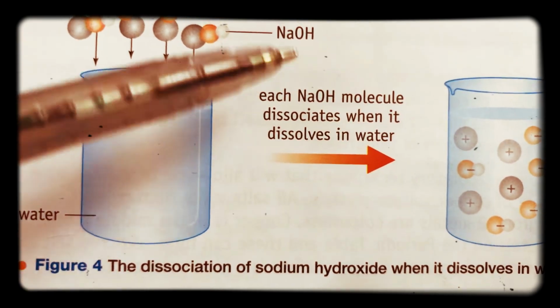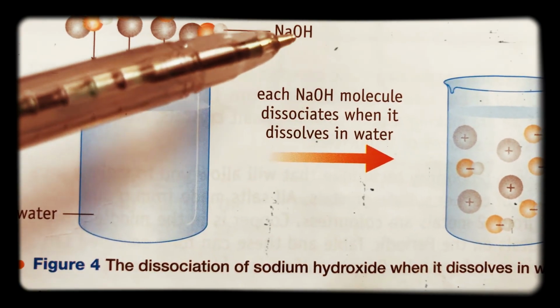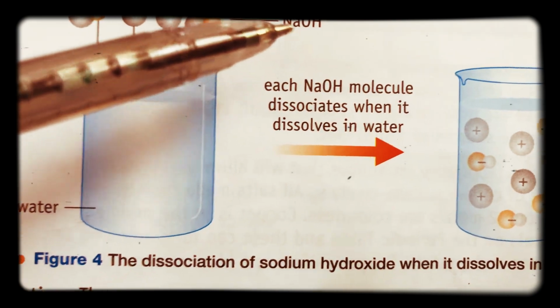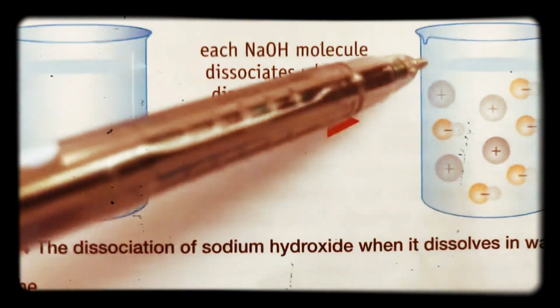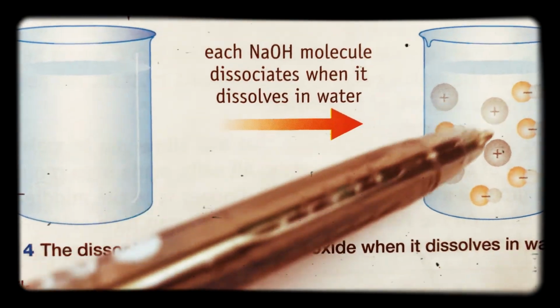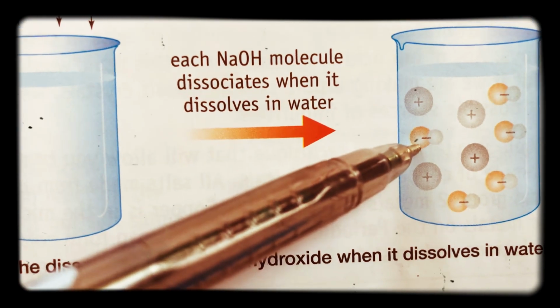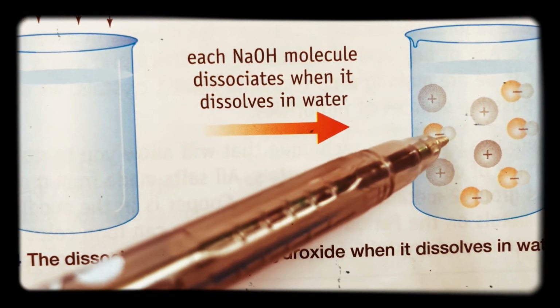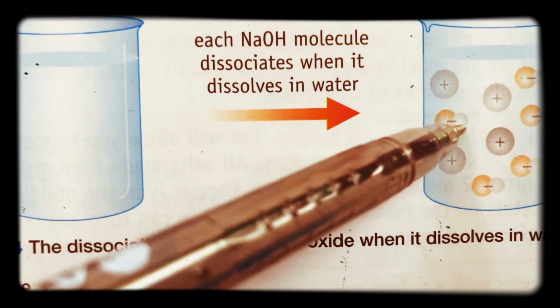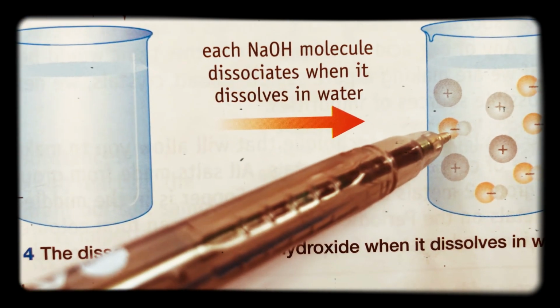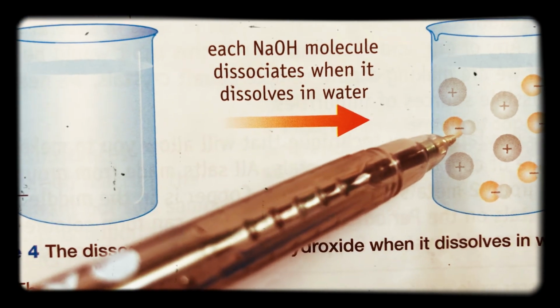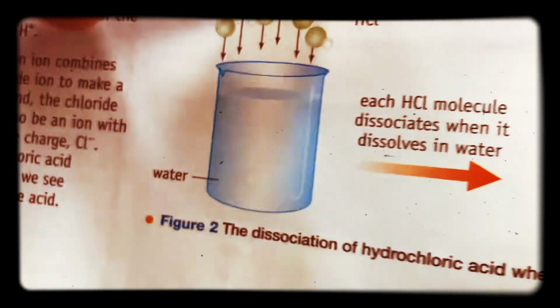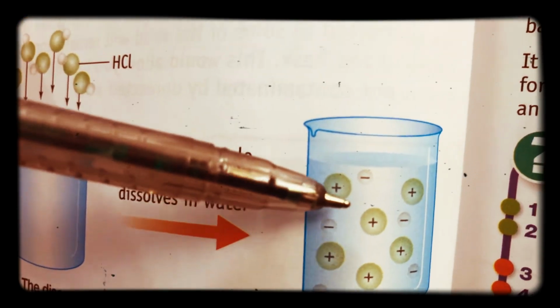The H doesn't come off. The H stays with the O. That's what we find. And the Na does come off. So here are the Nas represented by positive ions, and the OHs are represented by these red circles. That's the O, and the H, which is this part over here. Now that has a single negative charge.